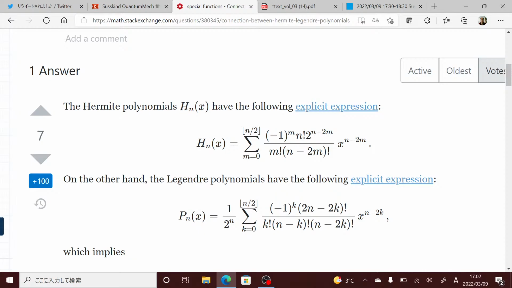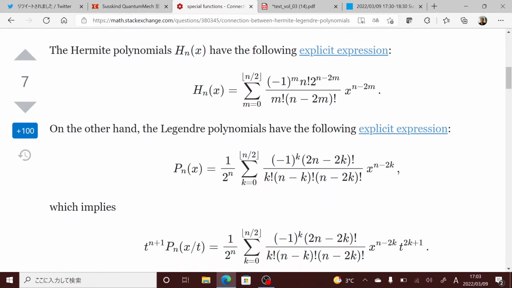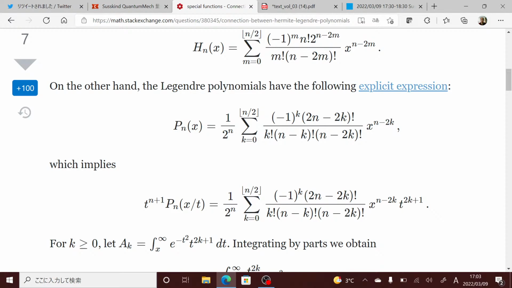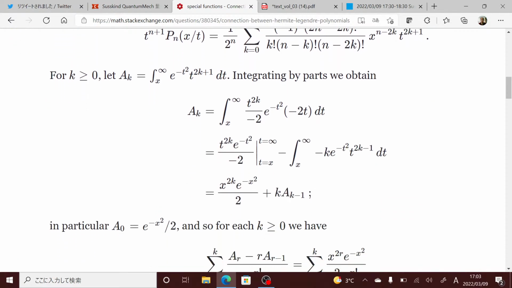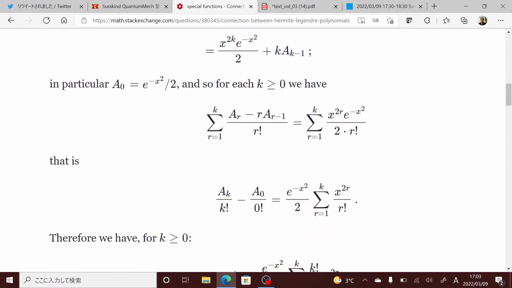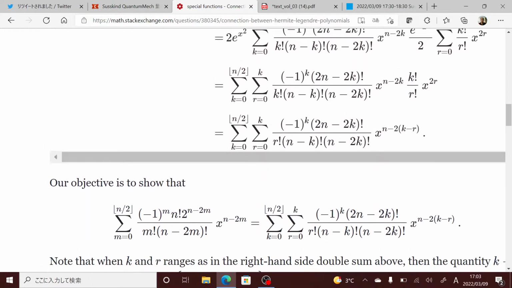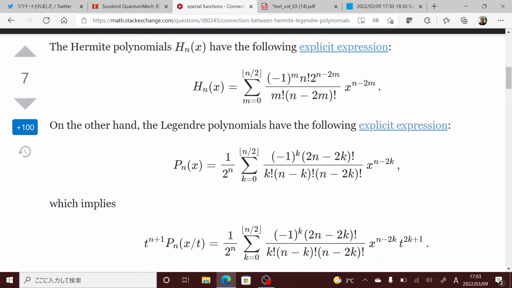On the other hand, Legendre polynomials have the following explicit expressions. What is the connection?